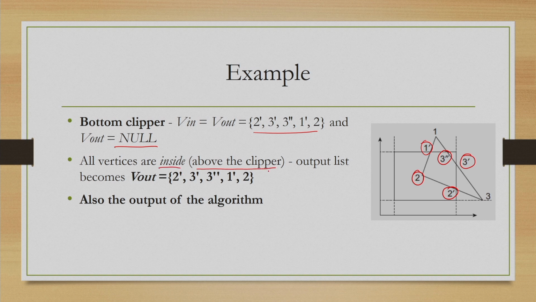So, the output list becomes the same, that is 2 dash, 3 dash, 3 double dash, 1 dash, 2. This is also the output of the algorithm because no more clippers are there to check against and the algorithm stops. So, at the end of the algorithm we get this vertex list which represents the clipped region. That is how the algorithm works.